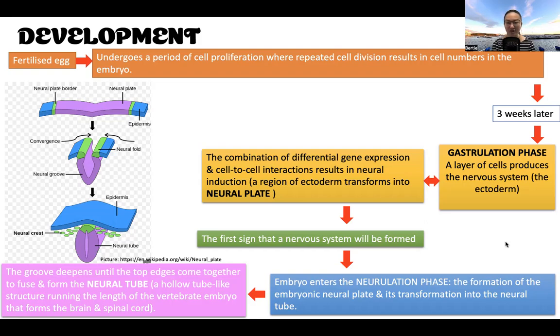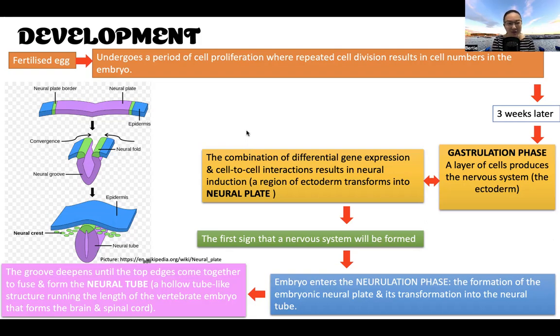It is the formation of the embryonic neural plate and its transformation into the neural tube. The groove deepens until the top edges come together to fuse and form the neural tube, a hollow tube-like structure running the length of the vertebrate embryo that forms the brain and spinal cord.